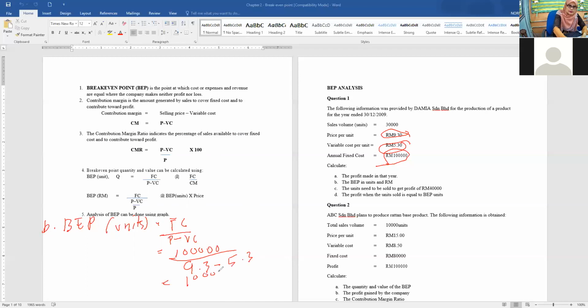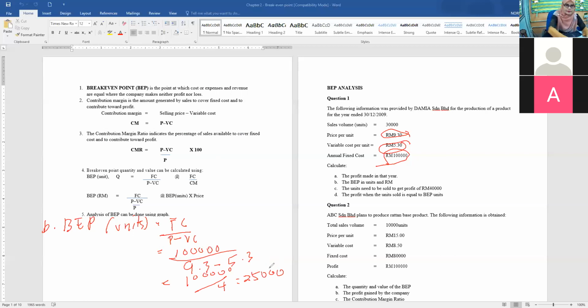So 100,000 divided by 4 equal to 25,000. Berapa jawapan dia? 25,000. Okay, so the answer is 25,000. Okay, so far, any question?